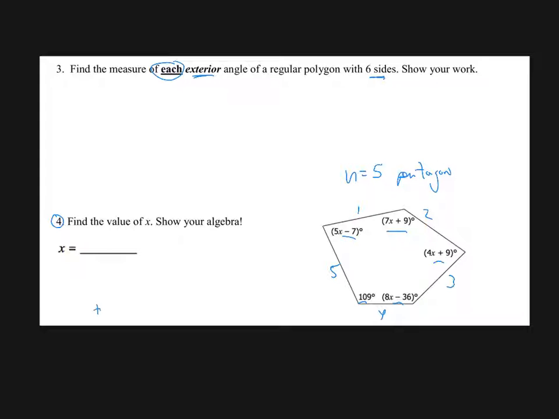So I know that if I add all of those angle pieces, first, second, third, fourth, and fifth angle information, it should be equal to the sum of the interior angles of a pentagon. And that is that n minus 2 times 180 formula. So that's going to give you your sum. That sum is what I add all of these angles and set equal to. Solve for x, and that's that.